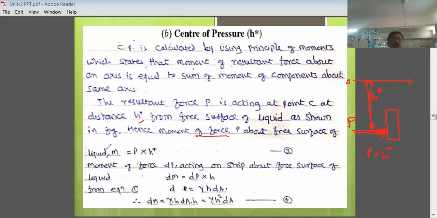So capital M is nothing but the moment of the resultant about the free liquid surface, which is equal to capital P multiplied by H star. This is the moment of the total pressure, right? This is equation number 3. Now here what we do, this must be equal to the sum of the moments, that is M1 plus M2 plus M3.